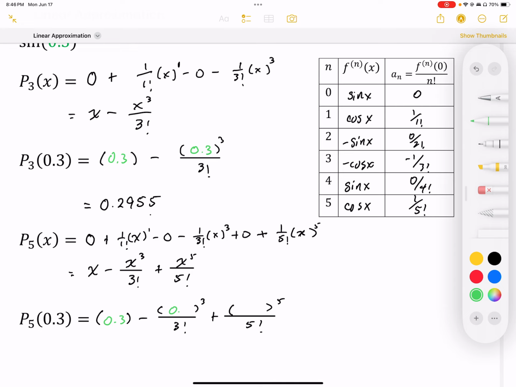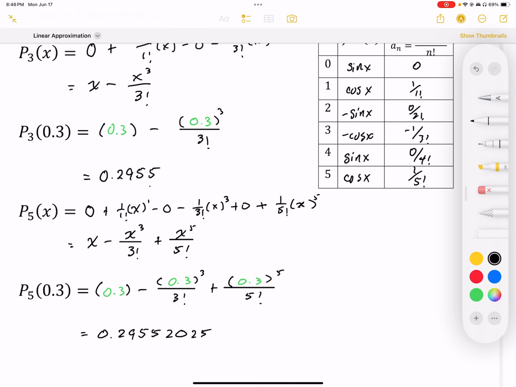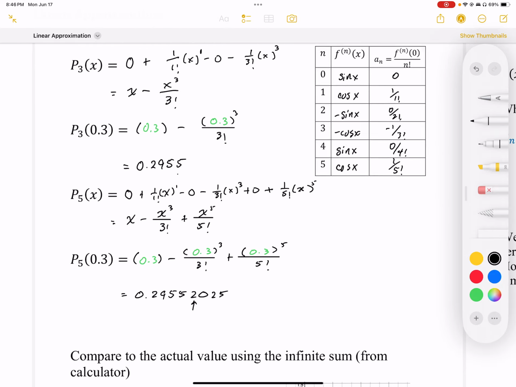We get 0.3 minus 0.3 cubed plus 0.3 to the power 5, and as we plug that all in, we get 0.2955202025. And looking back at the actual value, we end up with quite a bit of accuracy because up to the 5th decimal place, we have an accurate calculation.